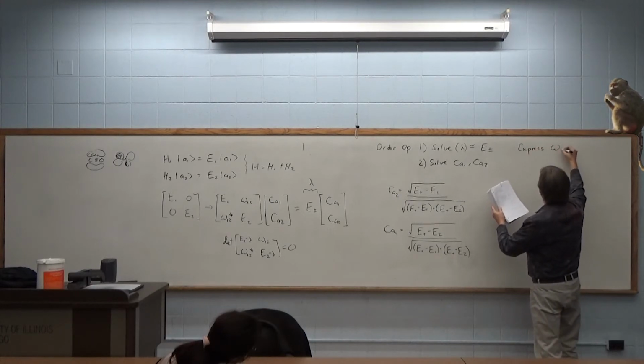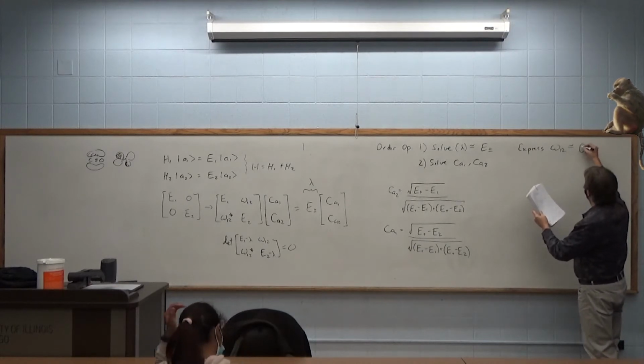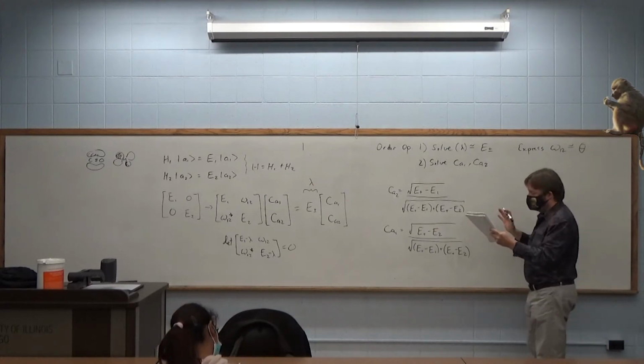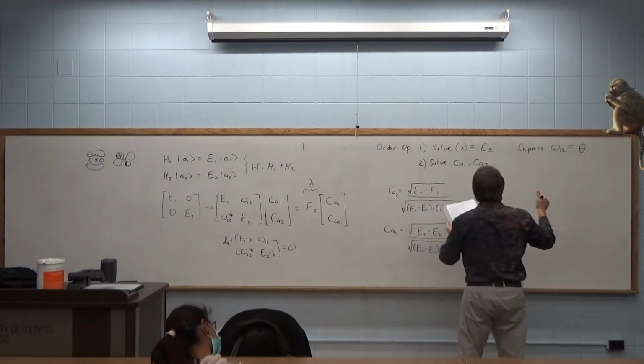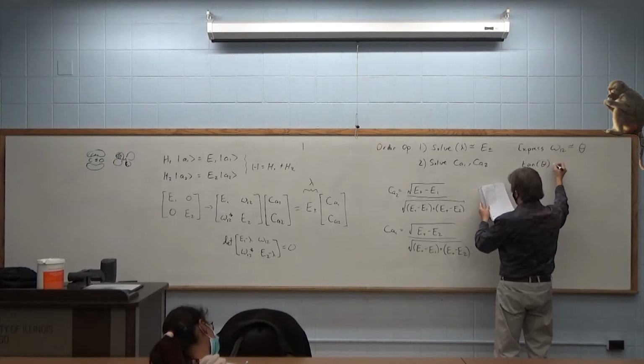So what you want to do is express the coupling as an angle. And I don't really know why. I tried not to do that last time when I was kind of rushing, but here's the expression.